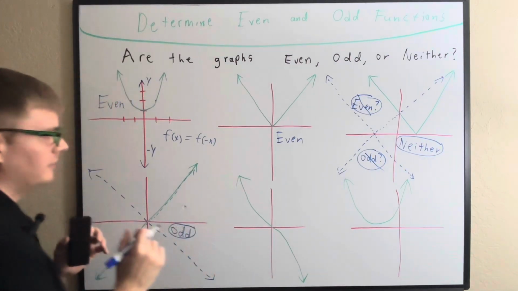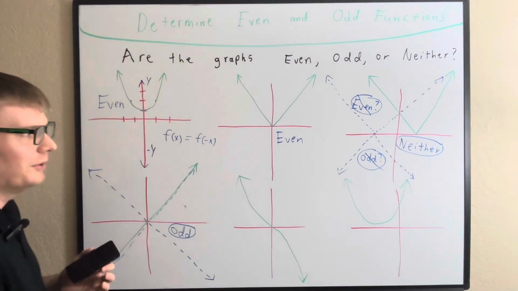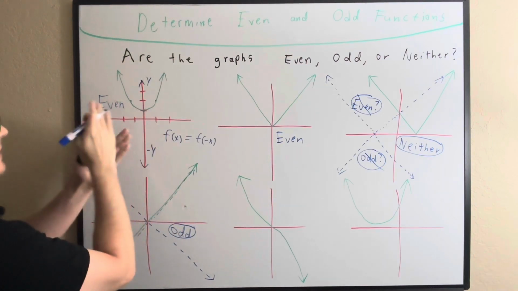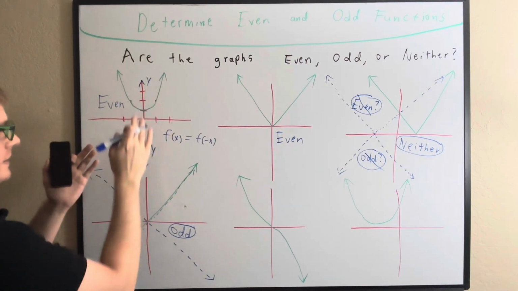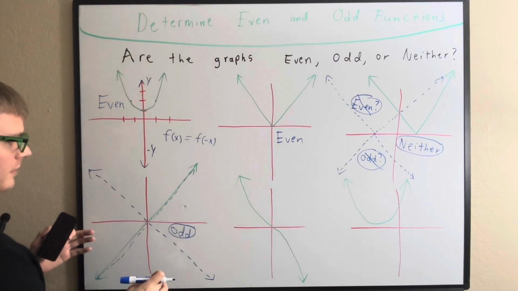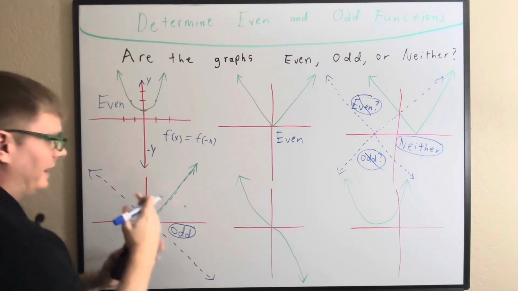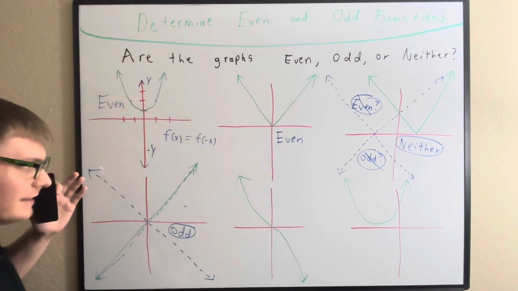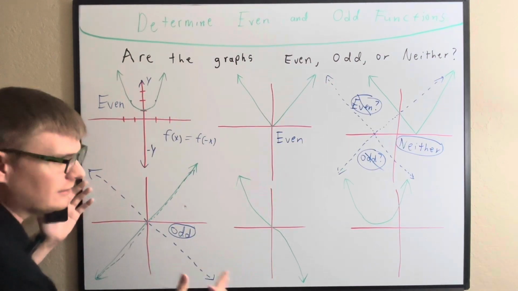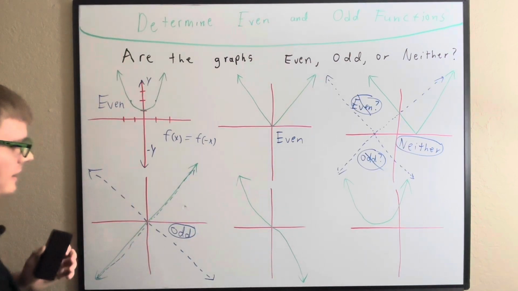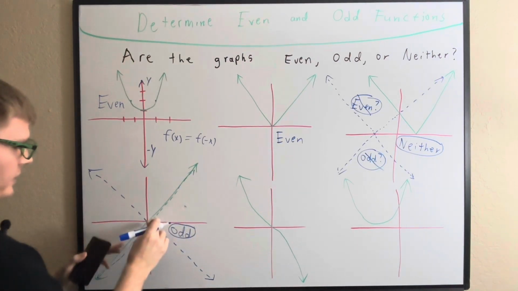Now, what do I mean, the origin? Well, with even, it was just symmetrical across the y-axis. But with odd, it's symmetrical across the y-axis and then the x-axis. So it's not really symmetrical across either axis. It's symmetrical across the origin. That's what we call it. It's being reflected across the origin.